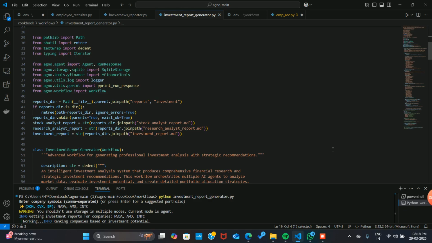For this example, I have focused on the semiconductor space because that is the one most talked about these days when it comes to investment.